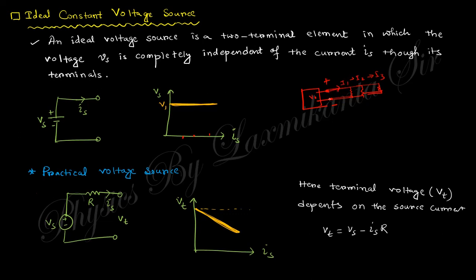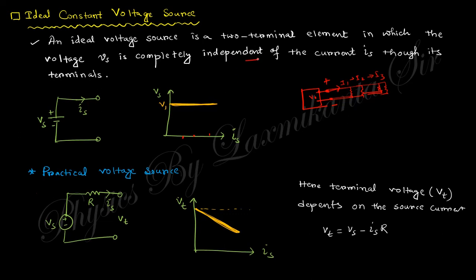Then this is called the ideal voltage source. When you add a load, the current changes, but the voltage stays the same. The load current does not affect the supply voltage. Then this is called the ideal constant voltage source.